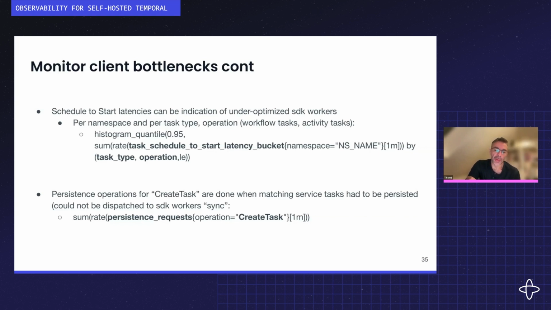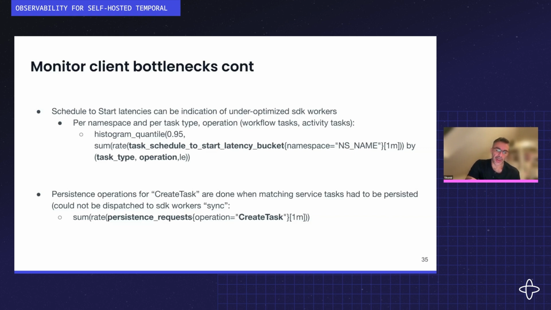So even from the service level, we can see if there is a particular namespace that has very high schedule to start latencies. Oftentimes, high schedule to start latencies for activity tasks is something completely expected.